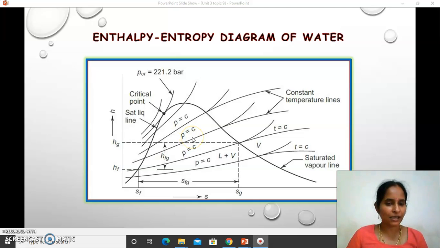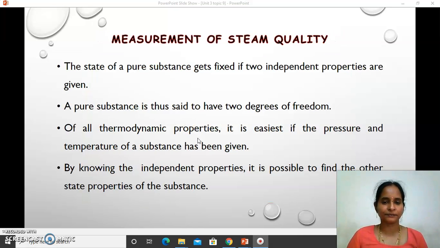Then only you can fix your point in the chart.